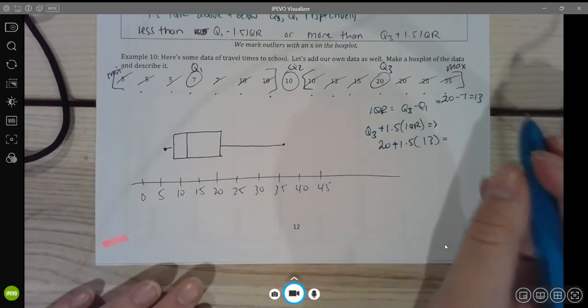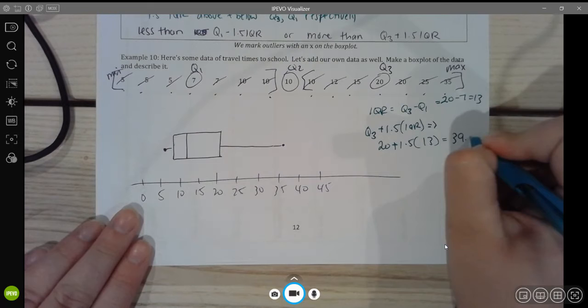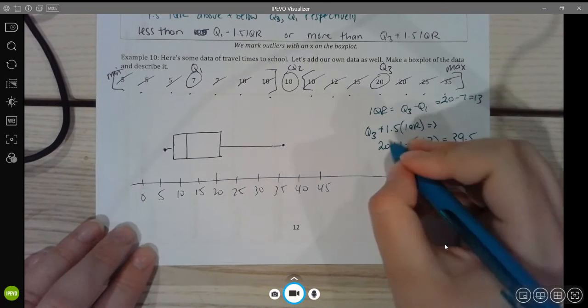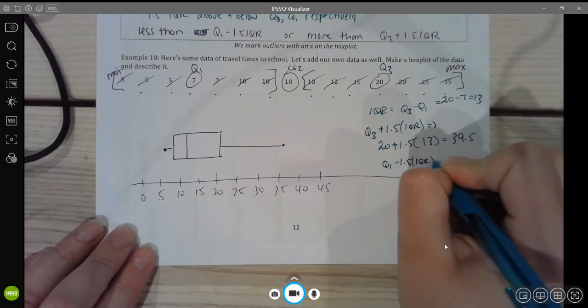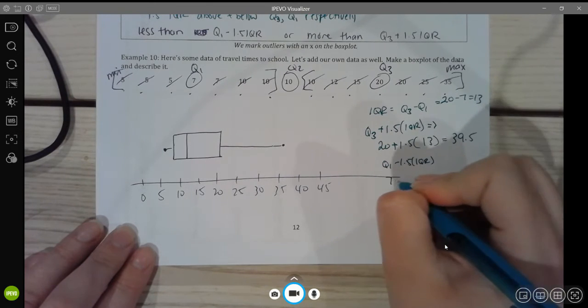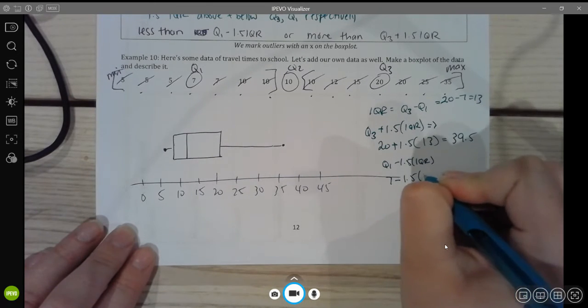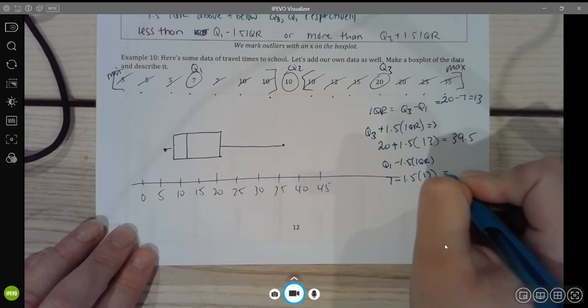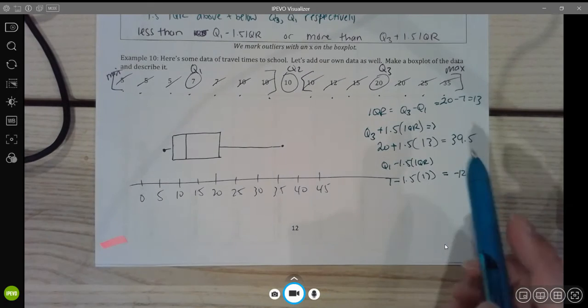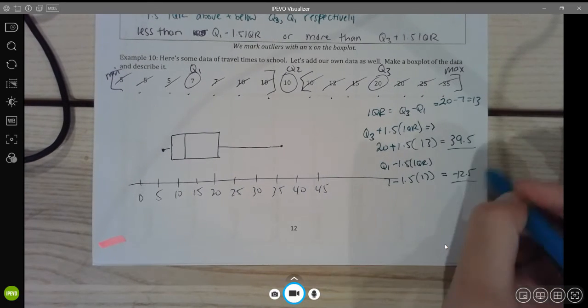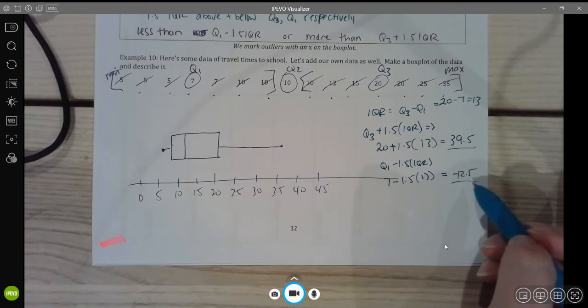So we've got 39.5. Our other bound is Q1 minus 1.5 IQR, which will be 7 minus 1.5 times 13, which is negative 12.5. Okay, so our requirement to be an outlier is that it's greater than this number or less than that number.